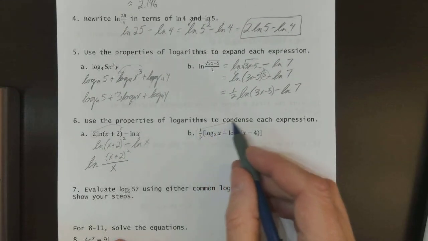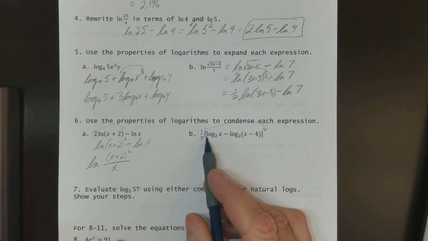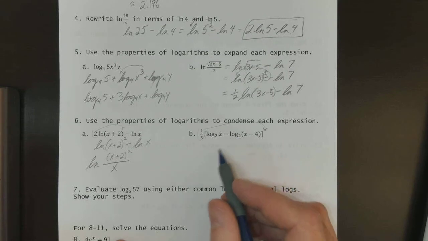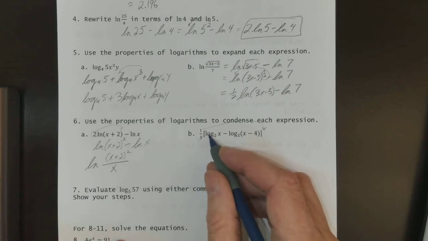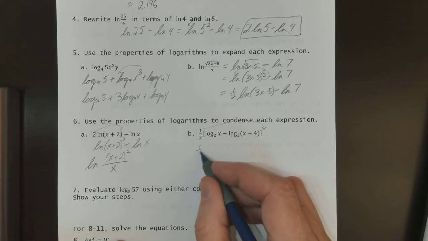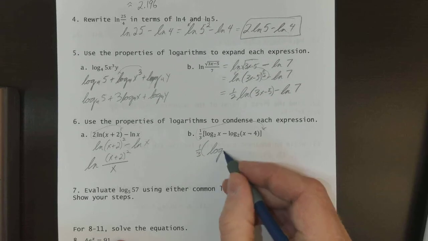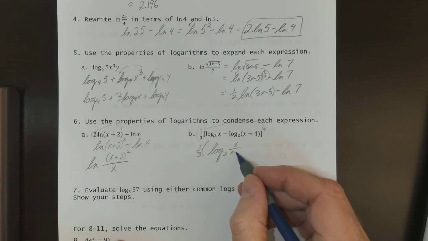Well, this 1/3, I think I'm going to put it up here first. No, actually, log base 2, I'm going to condense inside first. Change my mind. Now I'm allowed. Log base 2 of x over x minus 4.